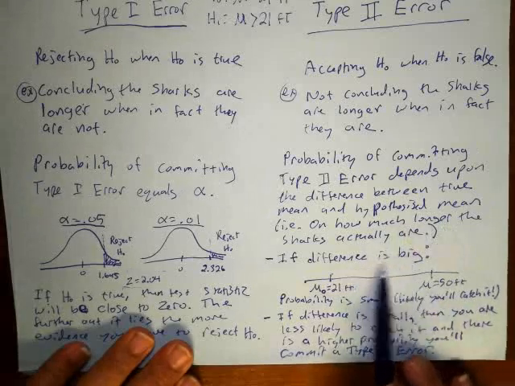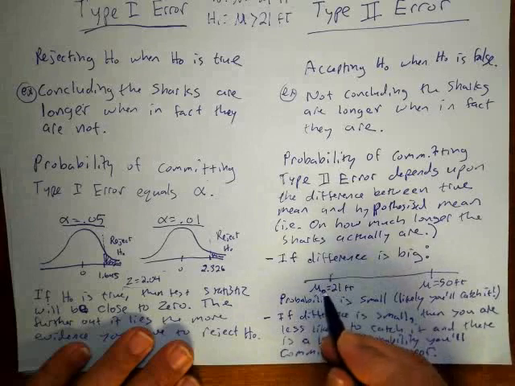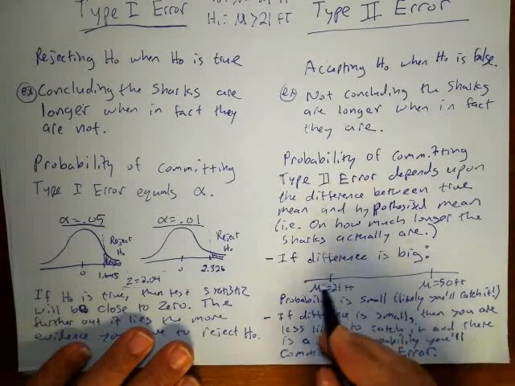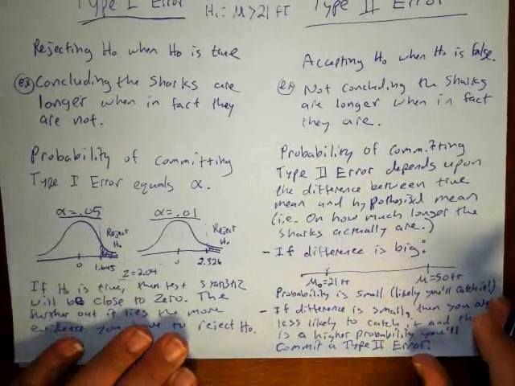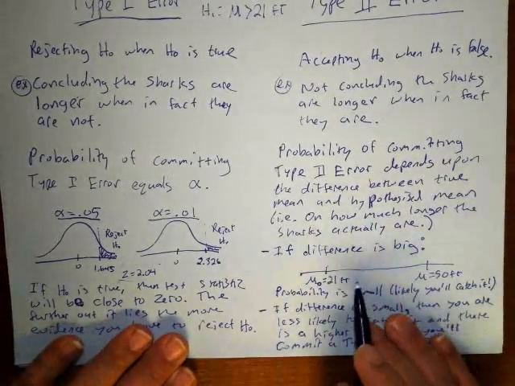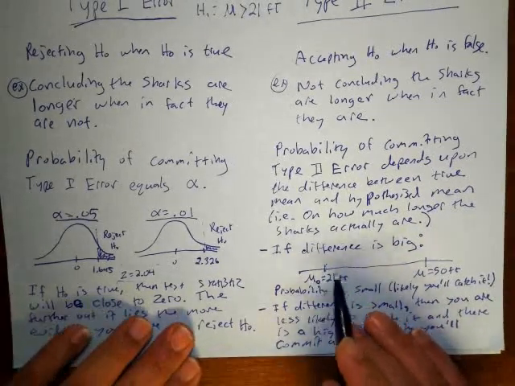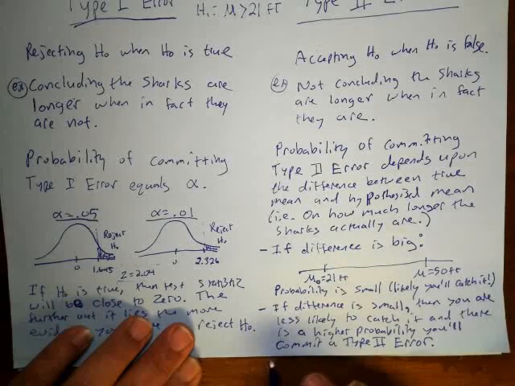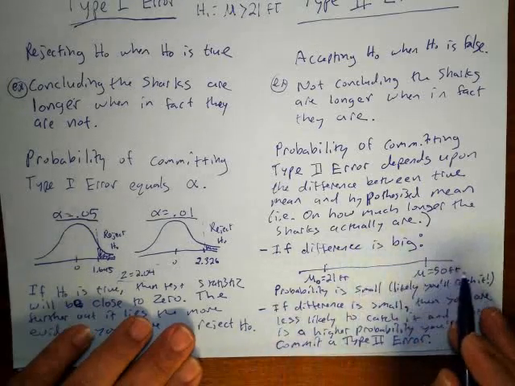So in other words, if the difference is big, like this mu naught, I put mu with a little 0 subscript, we're going to say that's the hypothesized mean. So if we hypothesize that the sharks are 21 feet, let's say the true mean is that they're 50 feet.